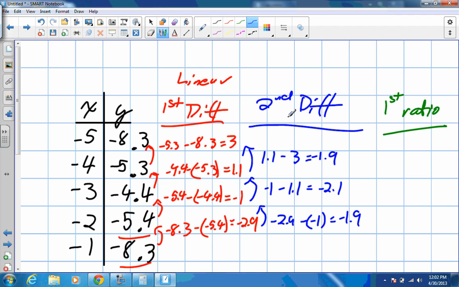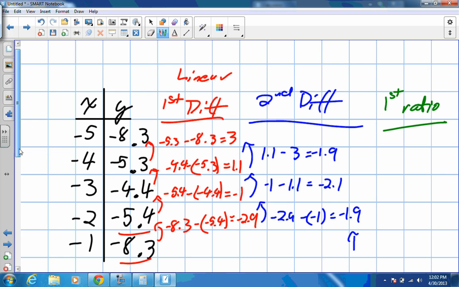So, if we look at this, these ones are much closer than our linear models. They all look like they're about 2. So let's see if we can graph these points, because we think we found something here where these second differences are really, really close to being consistent.